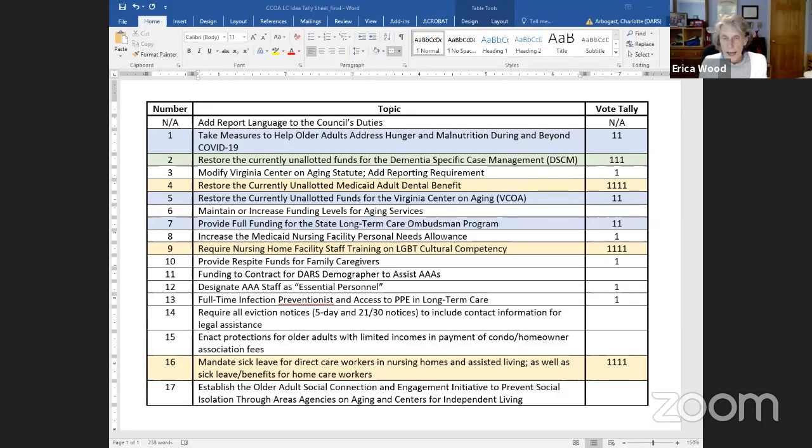We've discussed this in the past many times, that the recommended ratio is 1 full-time ombudsman to every 2,000 beds. In most parts of the Commonwealth, we fall far short of that. Not only is that recommended as a national standard, but it's actually mandated in the Virginia Code. But then it says, comma, if funds are available, and full funding has never been available. So this would advocate for that funding for that much needed program.